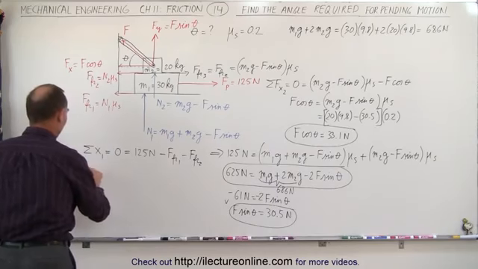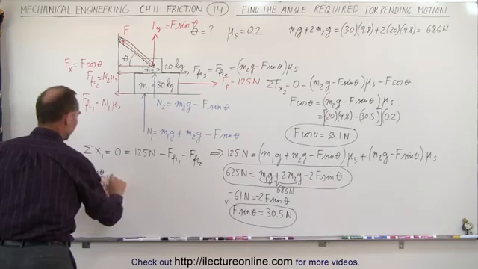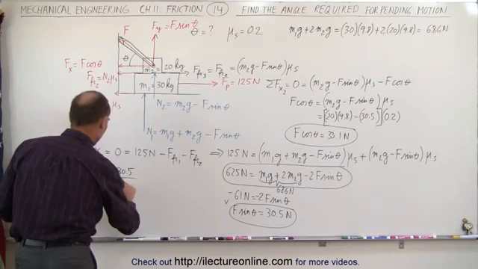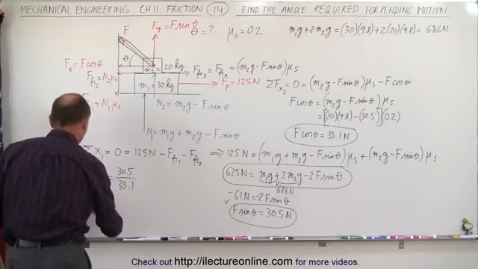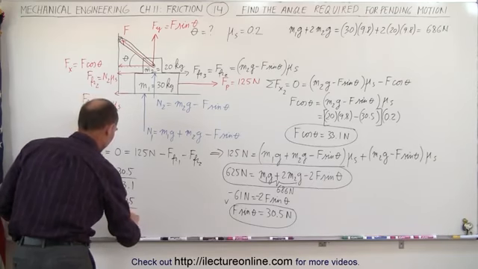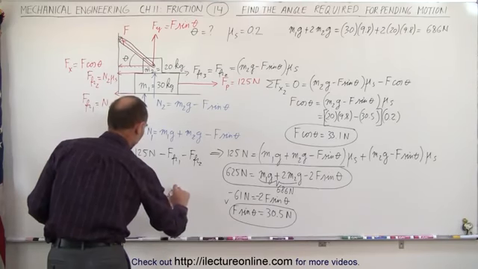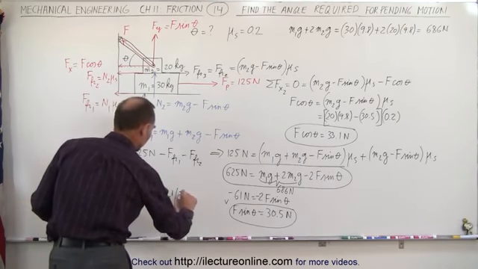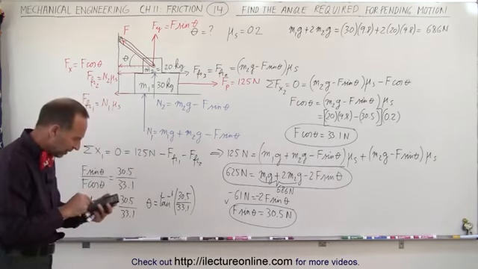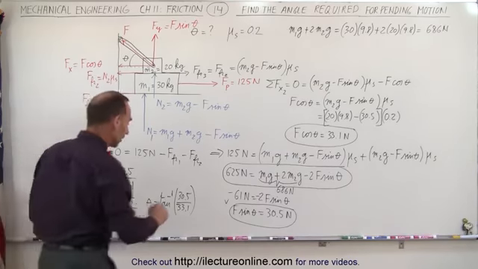So I can say that f sine theta divided by f cosine theta is equal to 30.5 divided by 33.1, which means that the tangent of theta is equal to 30.5 divided by 33.1, which means that theta equals the arctangent of that same ratio, 30.5 divided by 33.1. Take the arctangent, and that gives me 42.7 degrees.